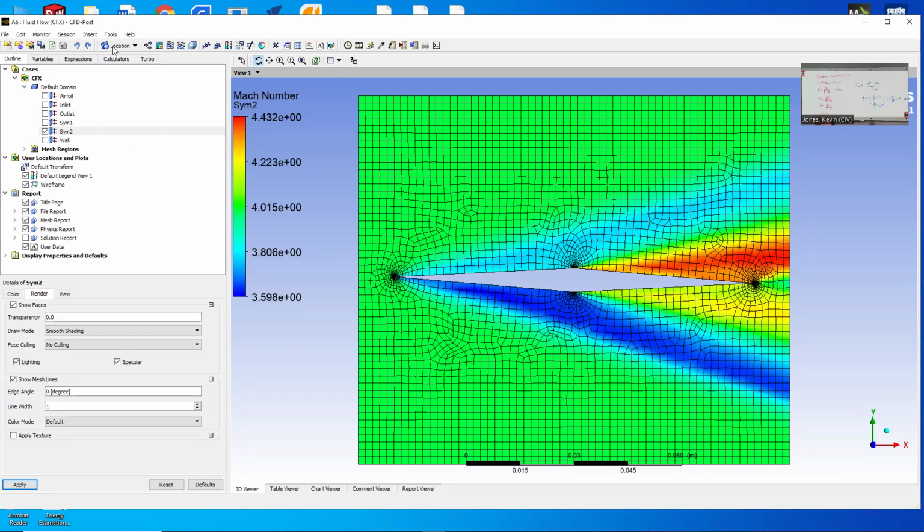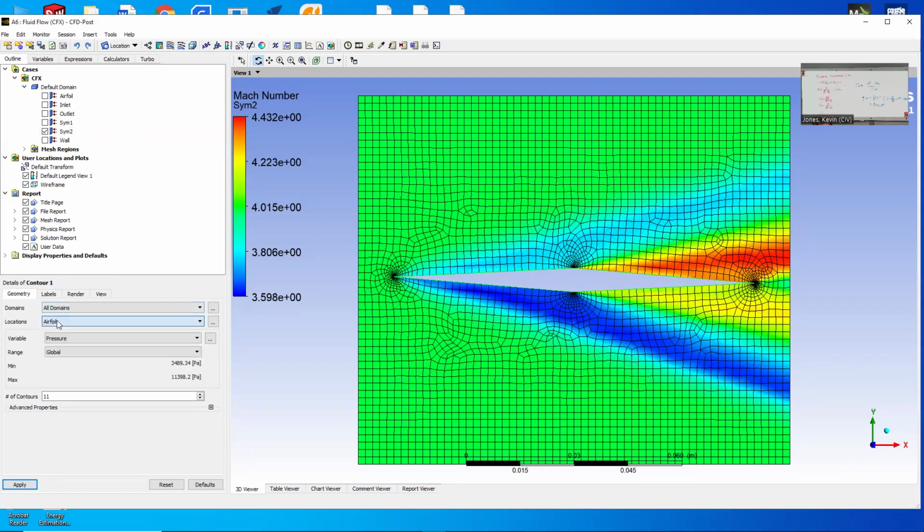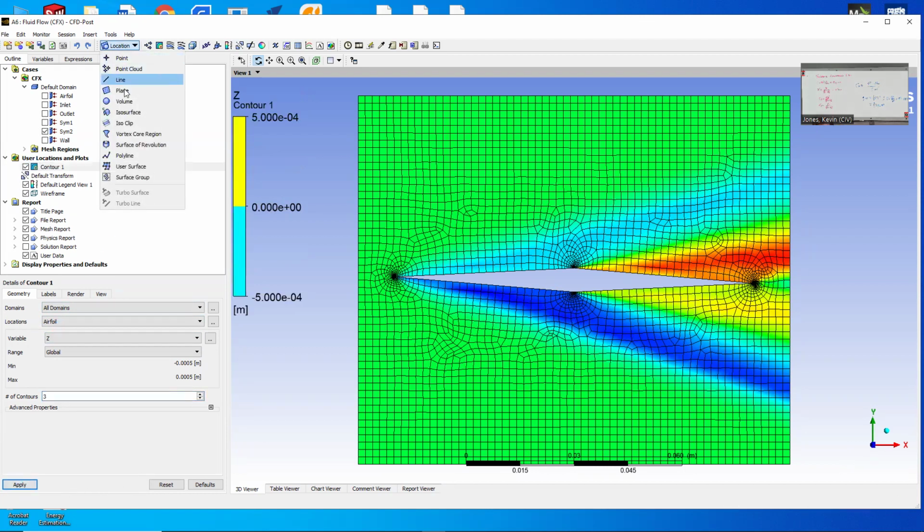But let's go ahead and create our surface pressure plot. So we have to first create our contour on the airfoil. Polyline.